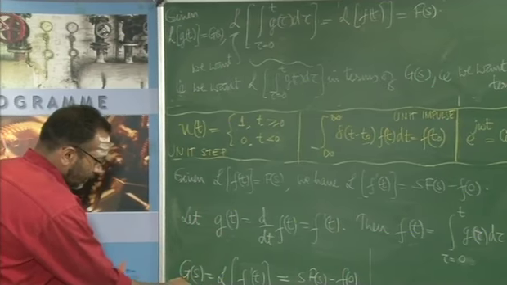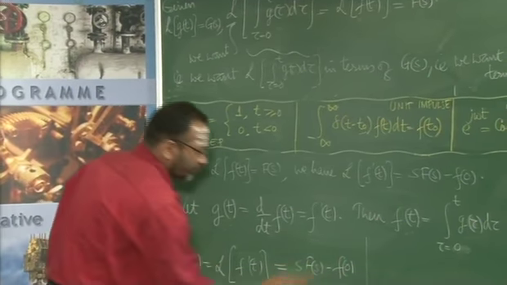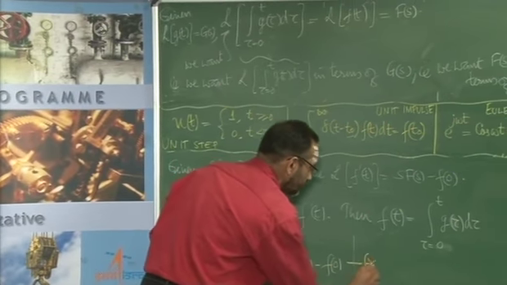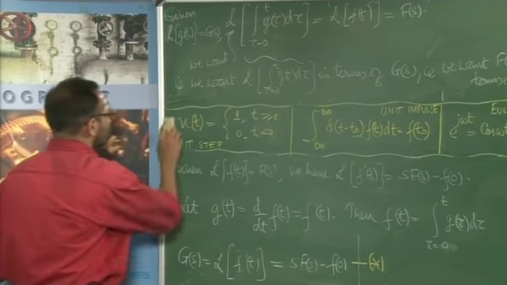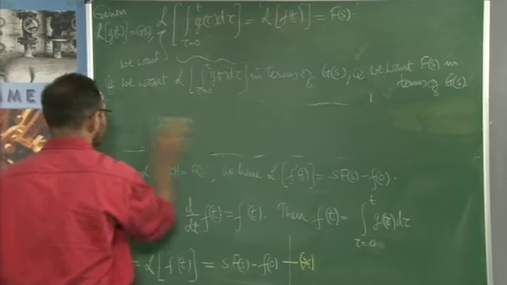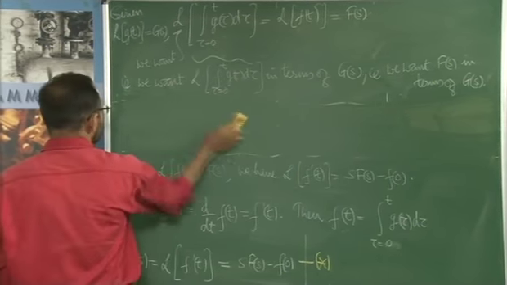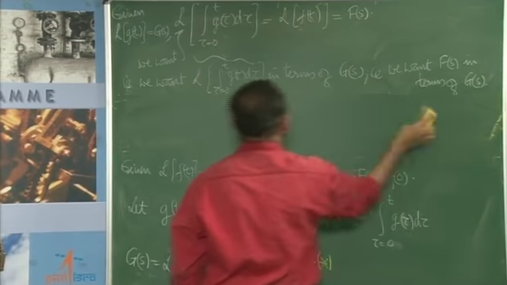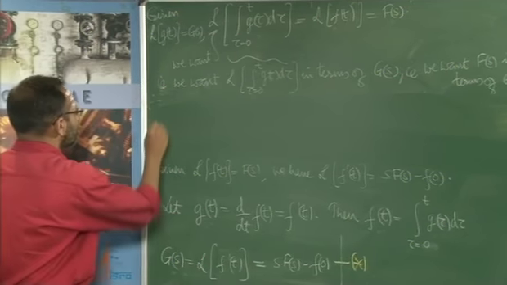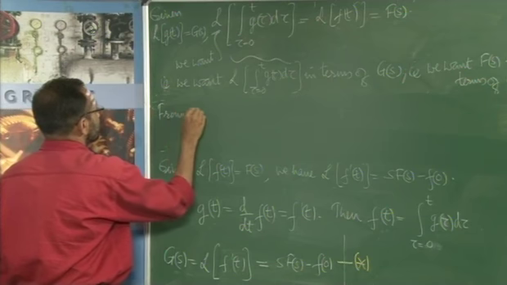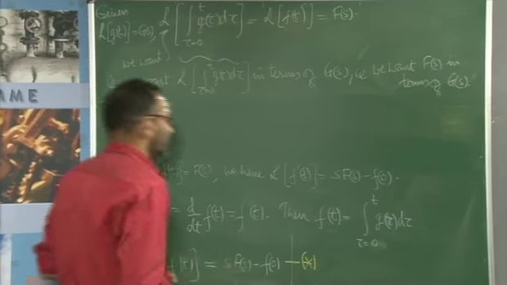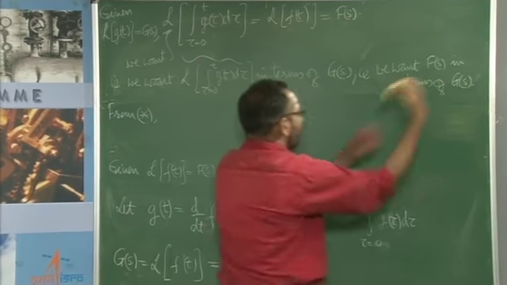Now, let us see what we have got here. I have G of s on this side, I have s F of s minus f naught here. Okay. Let me come back to this. Let me call this equation as star. From star, I want F of s in terms of G of s, which means I want F of s, for instance, on the left hand side, everything else on the right hand side.